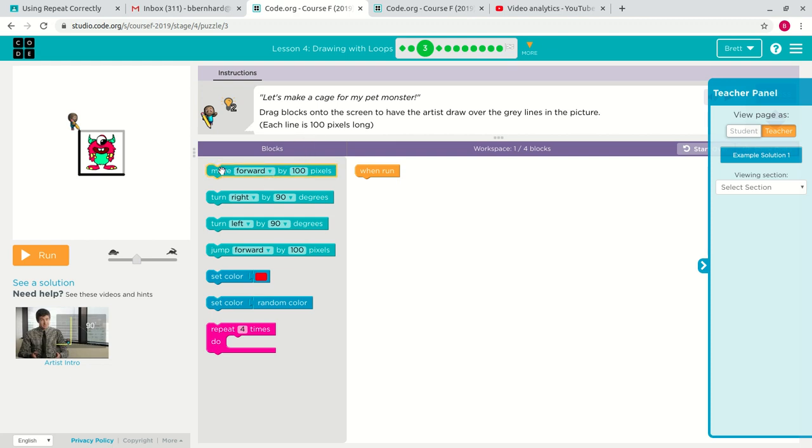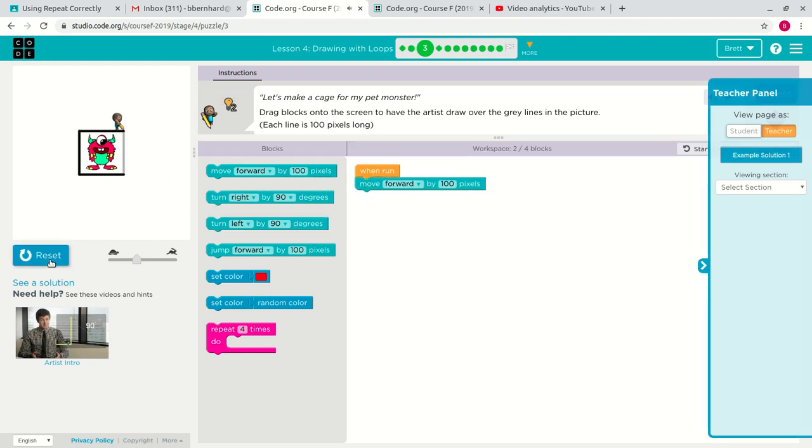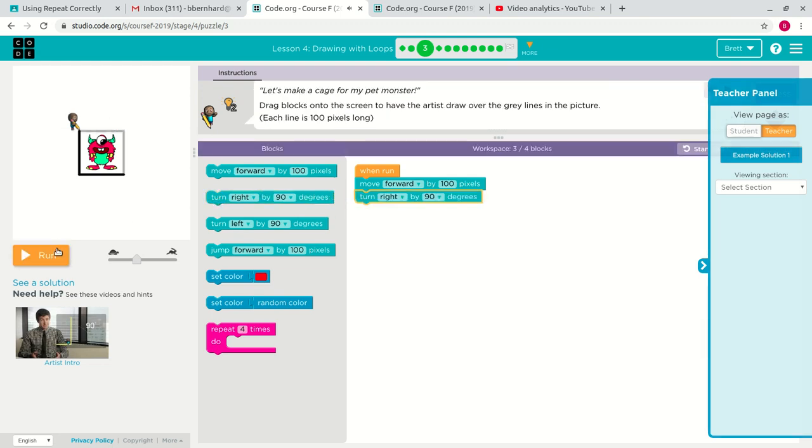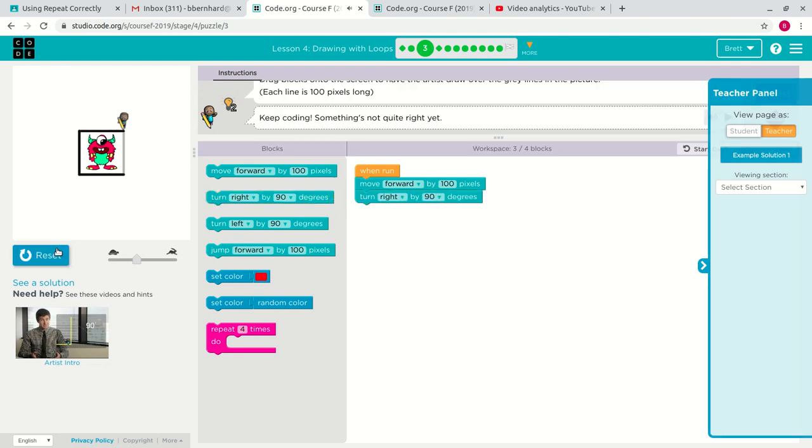We're just going to start by moving forward, right? We're going to draw a line going forward, and then we're going to turn to the right and go down and draw this line. So it's going to be pretty straightforward. Move forward. Yep, that's what we want. Turn right. Yep, now we're facing the right direction.